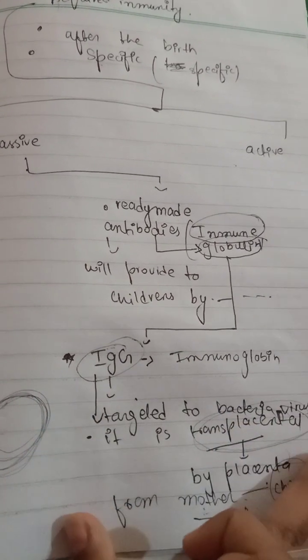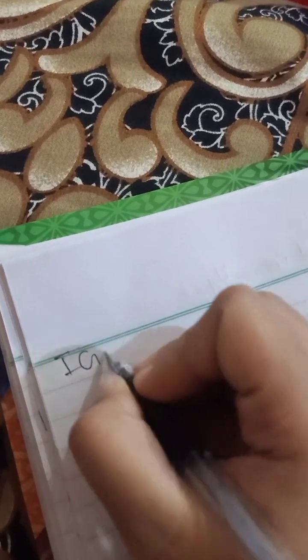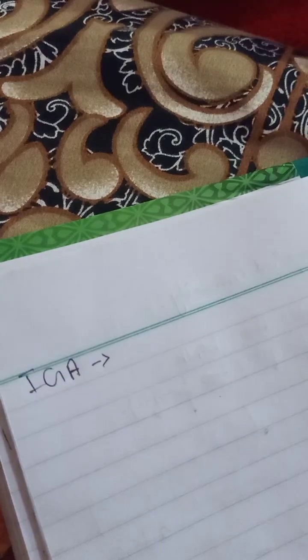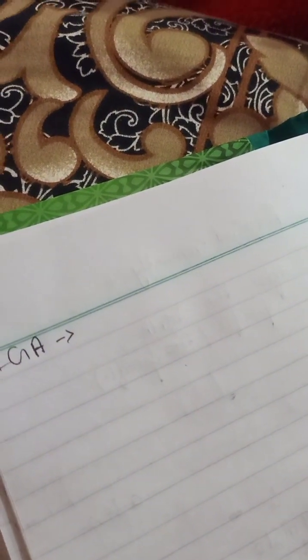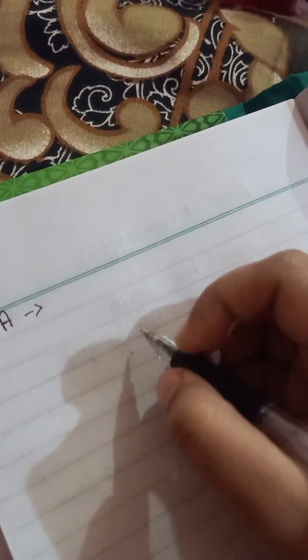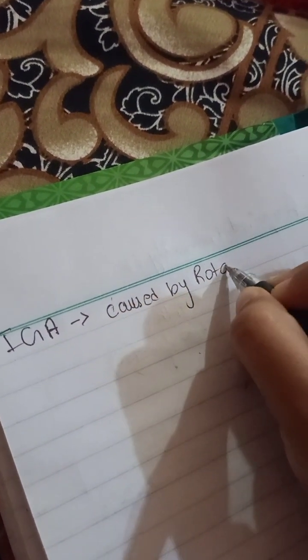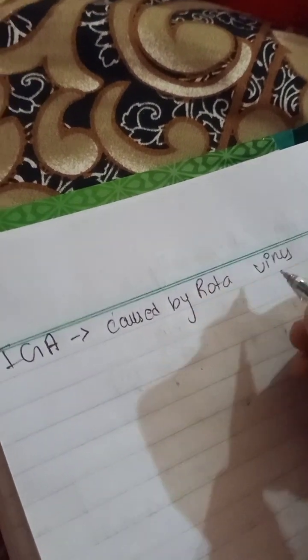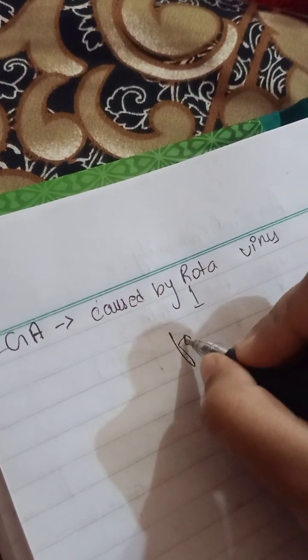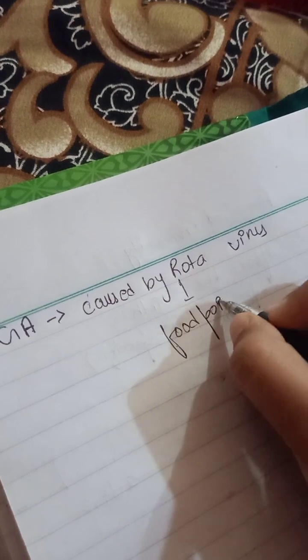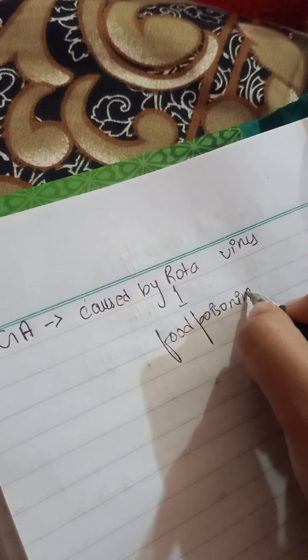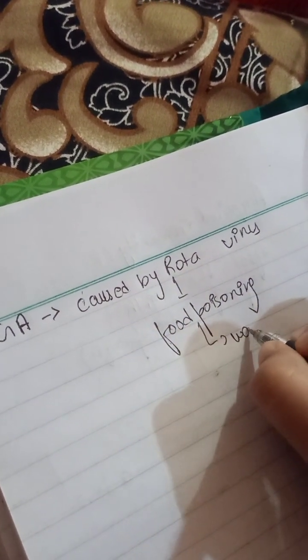The second type is IgA. It is related to rotavirus. What is rotavirus? It is a virus that causes food poisoning, and from food poisoning it causes watery diarrhea.